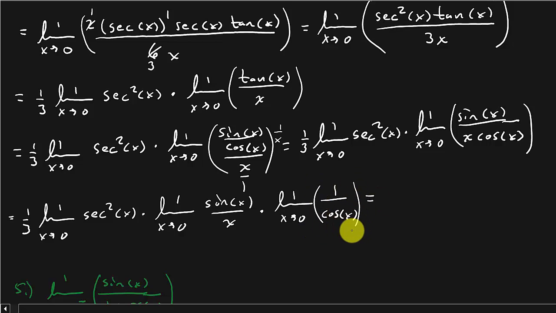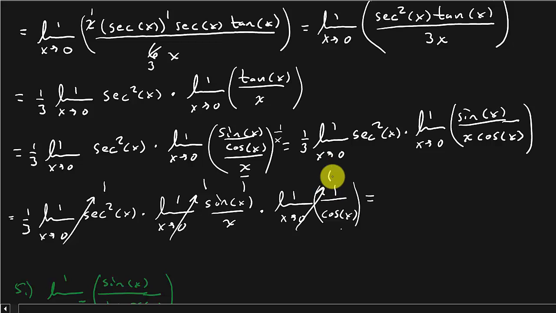Why did I split it up like this? Do you remember back earlier in your calculus class that the limit of sine x over x as x goes to 0 is 1? Your teacher probably did a proof of it. Well, I know if I plug 0 into here, that's going to make this 1. I know this is 1. And then if I plug 0 in here for x, then cosine of 0 is 1. 1 over 1 is 1.